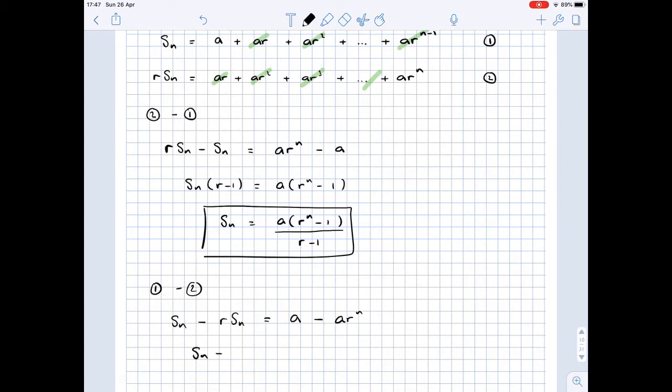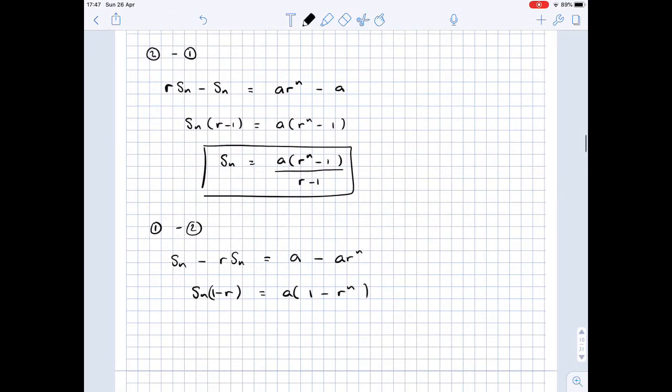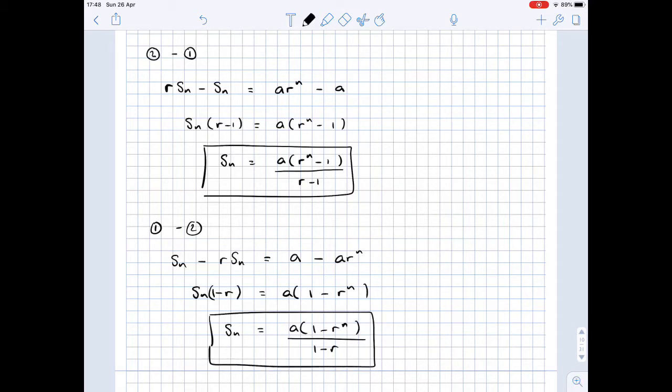Again, factorising, which would then give us Sn is equal to a times 1 minus r to the n over 1 minus r, which, as you can see, is the alternative.